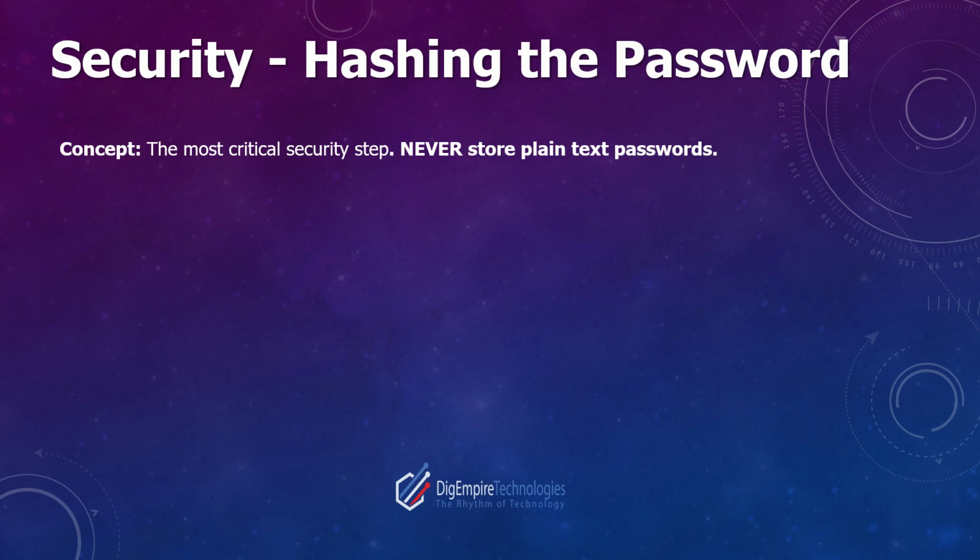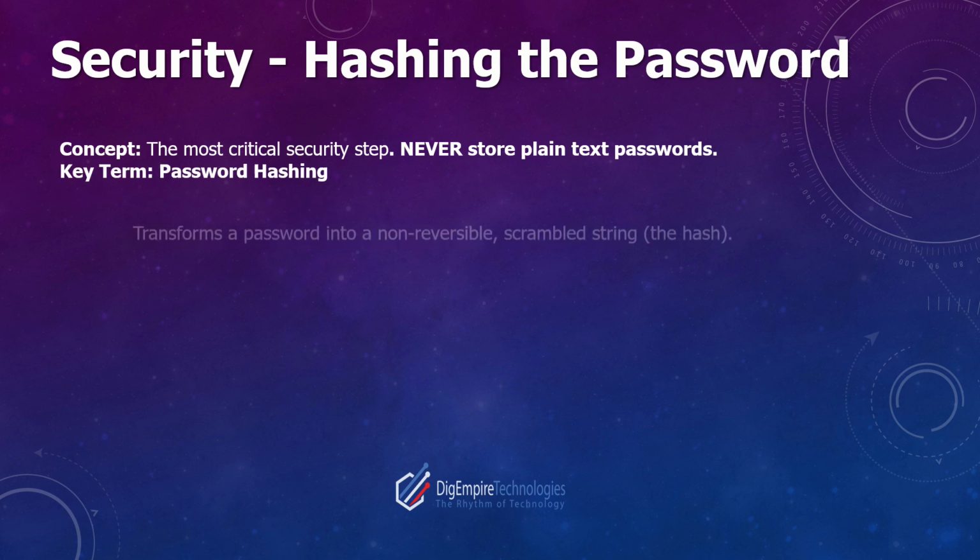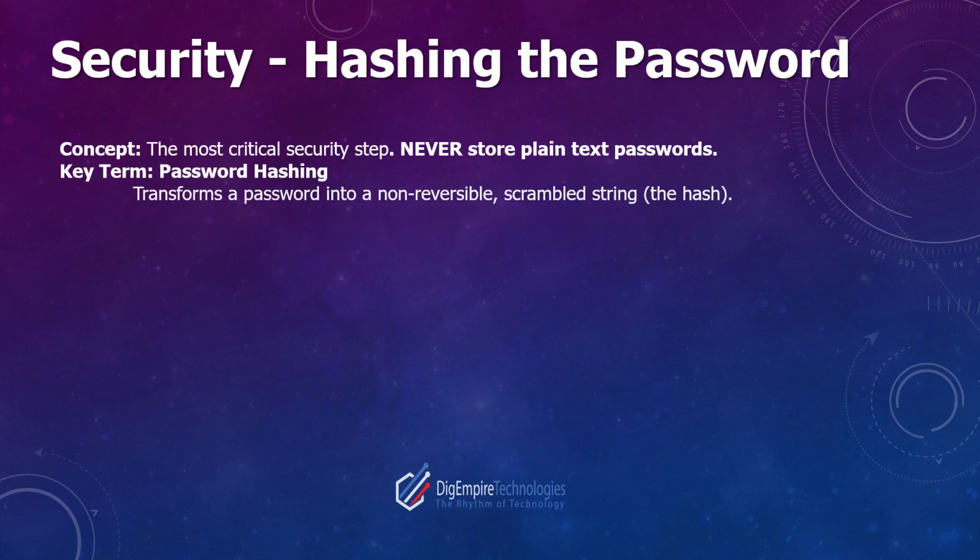So now, the major concept in hashing the password, the reason why we hash the password is we don't want reverse engineering to take place. So the key term here is password hashing. So this term simply means transforming a password into a non-reversible or scrambled string, the hash.